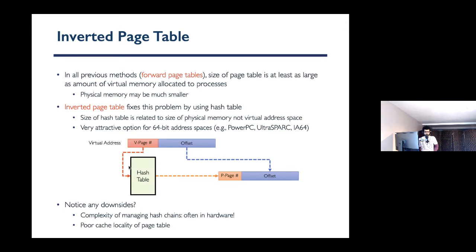The other thing about using a hash table is that each key could be assigned anywhere in the hash table, right? What that means is if you have consecutive virtual addresses, there is a low probability that they would be mapped to consecutive physical addresses.